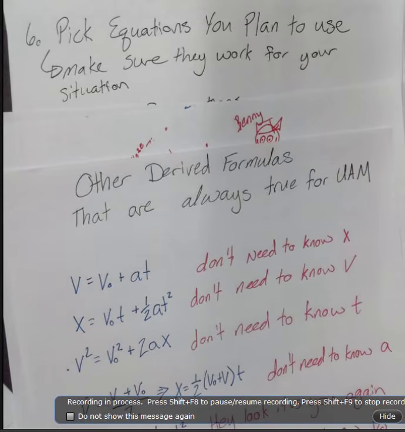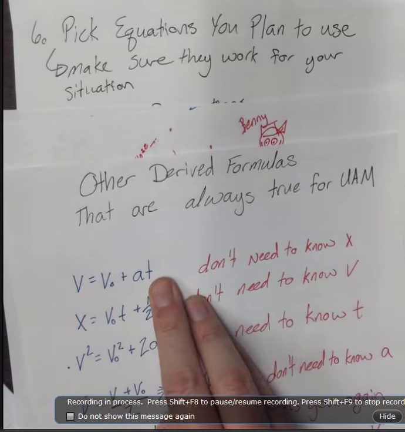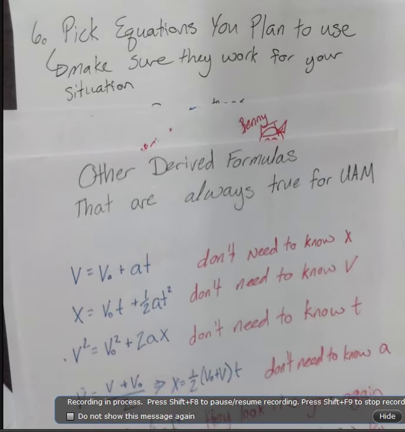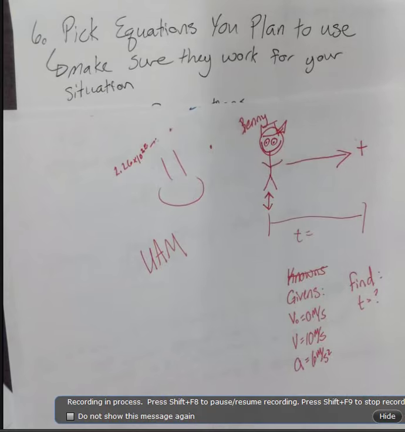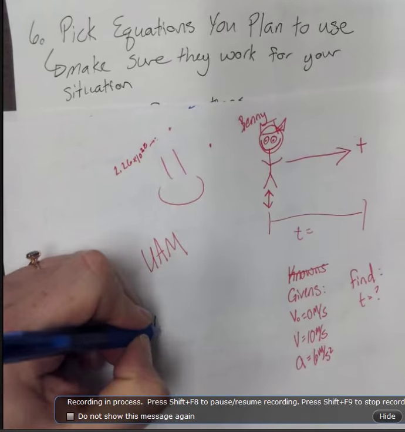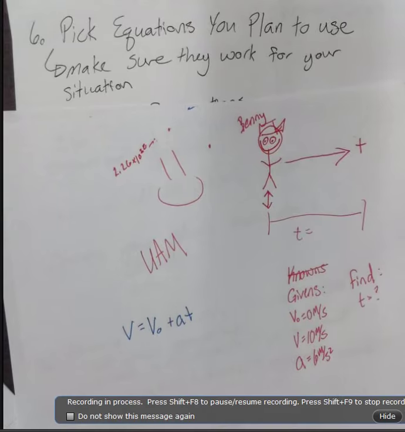We don't need to know position. We only need initial, final, and time, because we want to know how long it's going to be before Benny torments our soul. So that's the equation that we're going to use for Benny. We pick our equation, we make sure it works for our situation. This is an equation that works for uniform accelerated motion, so it's going to work just fine for us.